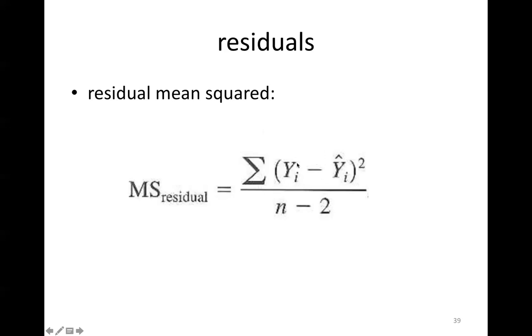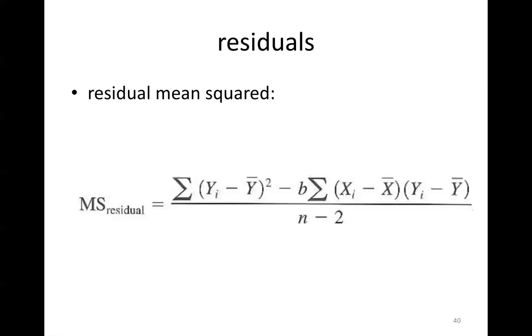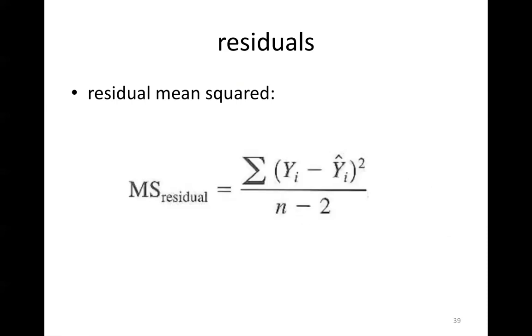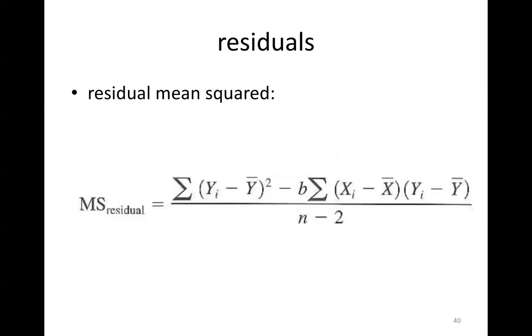These are the residuals, as you remember, the original y values and the predicted values, squared and summed over, divided by n minus 2. This is the residual mean squares, and this we can use as an estimate of noise in our data. The lower this value, the less the noise, the more the confidence we will have.